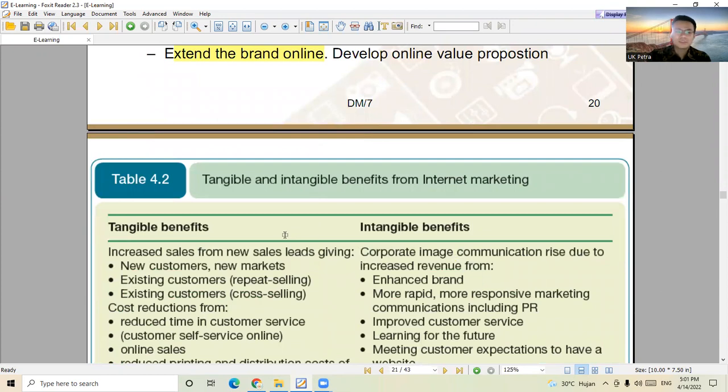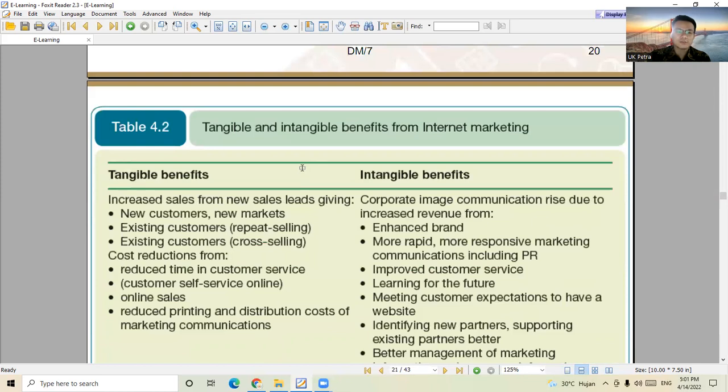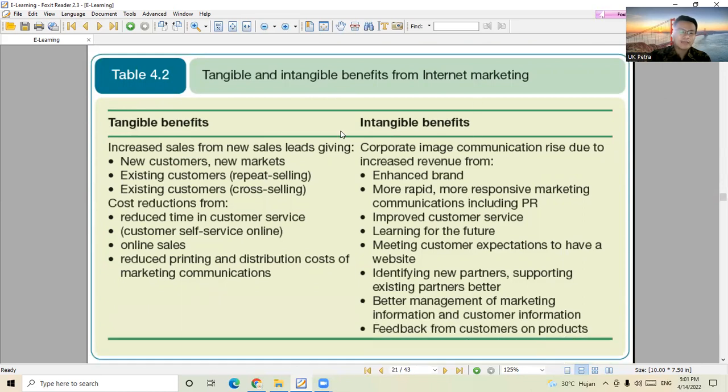So this table 4.2 shows us more detail on tangible and intangible benefits from internet marketing. Tangible means it can be seen, it is more obvious. Intangible means it is concealed, or we cannot touch it. Tangible benefits, for instance, are new customers, new markets, existing customers, and so on.